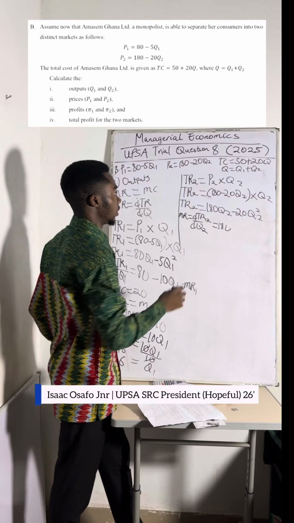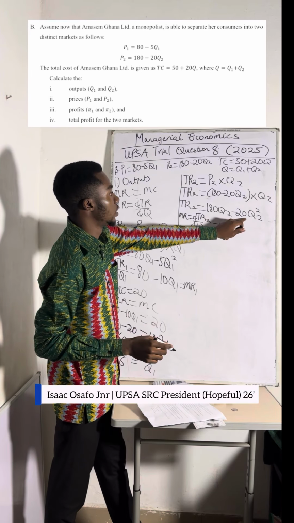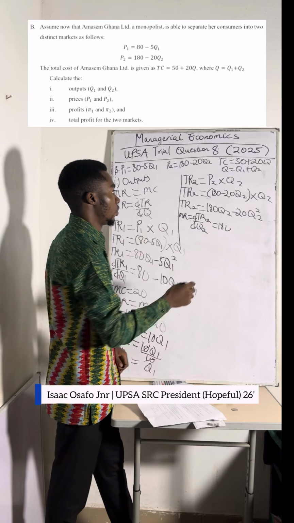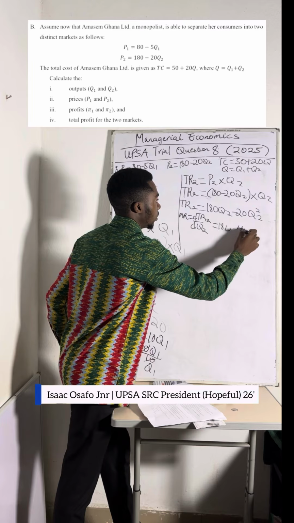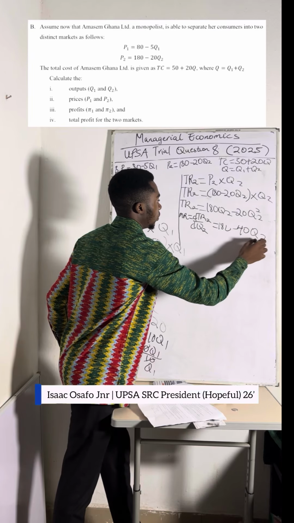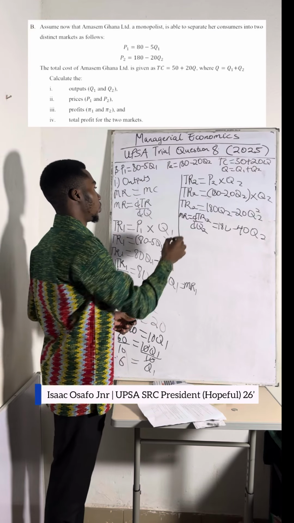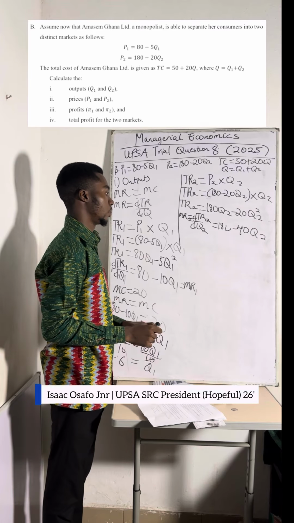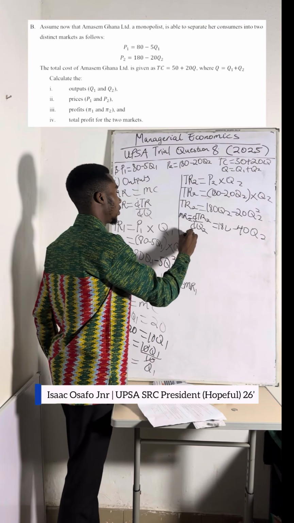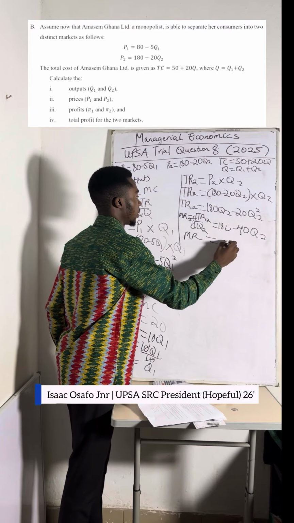The Q2 will vanish. For negative 20Q2 squared, 2 will multiply the negative 20, and you get negative 40 Q2. So the second marginal revenue, MR2, will give us 180 minus 40Q2. Now we know our marginal revenue should be equal to our marginal cost.